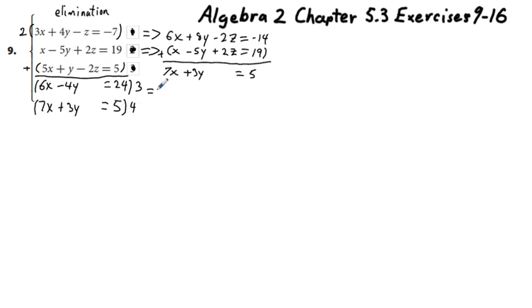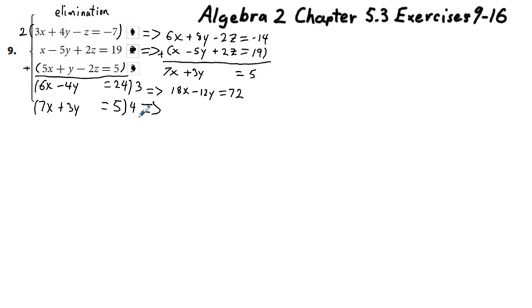And then I'm going to come to the right here with these two arrows that I'm making. So we have 3 times 6x is going to be 18x, and 3 times negative 4y is going to be negative 12y, and 3 times 24 is going to be 72.